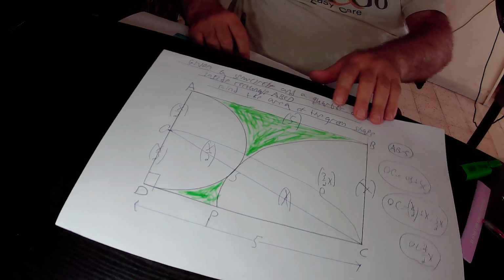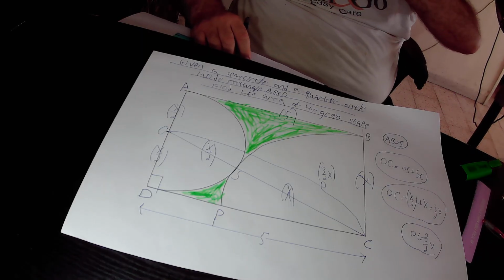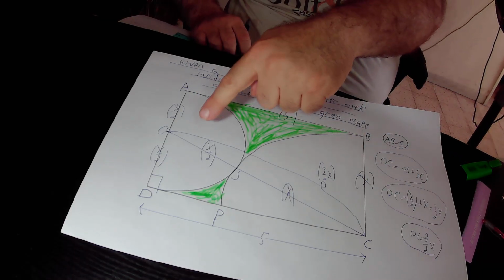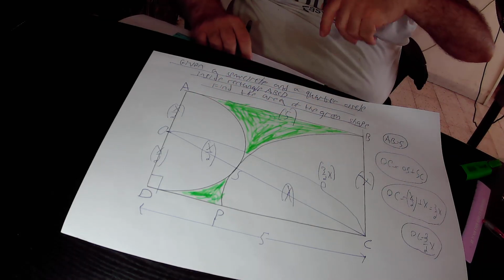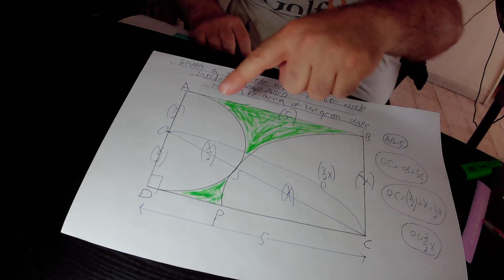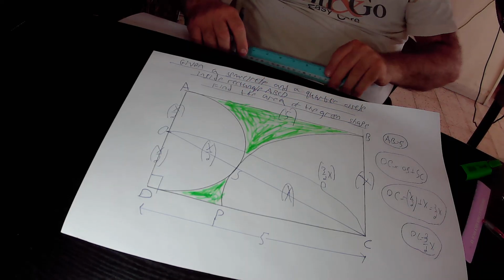From the drawing, it is very easy to see that the area of this green shape equals the area of rectangle ABCD minus the area of this semicircle minus the area of the quarter circle. Again, the area of the green shape equals the area of rectangle ABCD minus the area of this semicircle minus the area of this quarter circle. So I write it down.